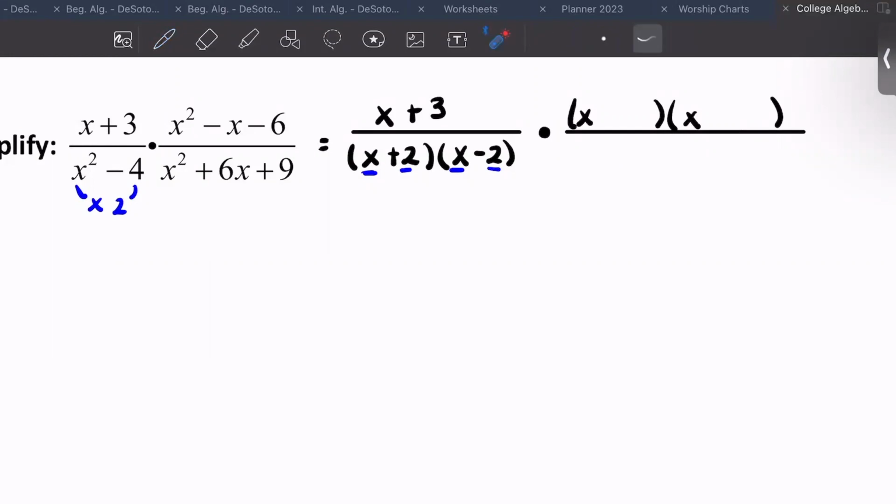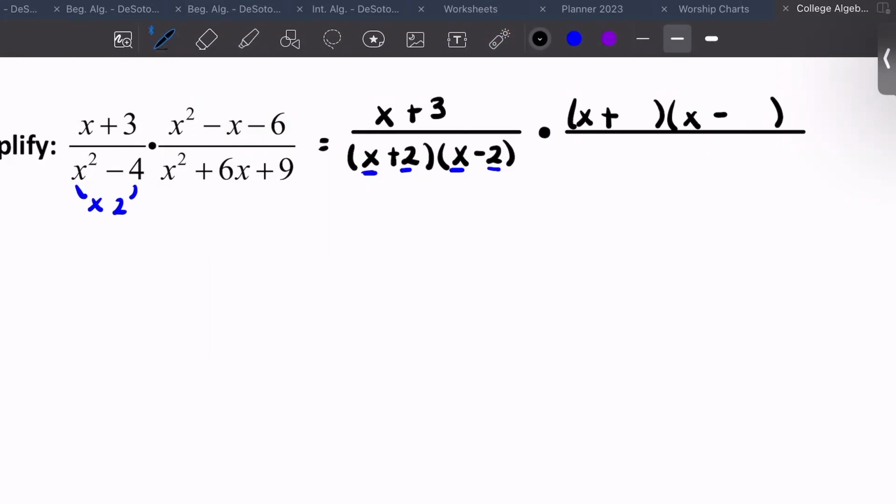Our signs are different in our parentheses, so we give a plus and a minus. And now we need the factors of 6 that add to give us -1. I'm getting that from right here. Well, the only factors of 6 are 6 and 1 and 3 and 2.